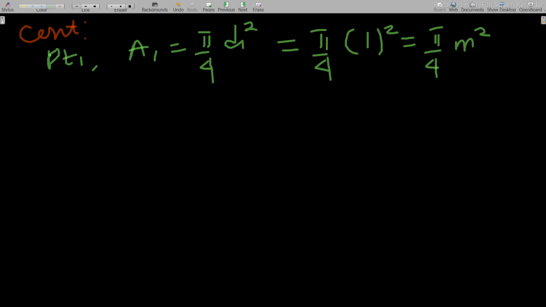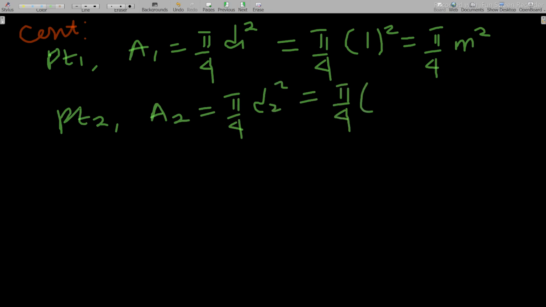Now at point 2, we have A2 equal to pi over 4 d2 squared, which is pi over 4 times 0.5 squared.